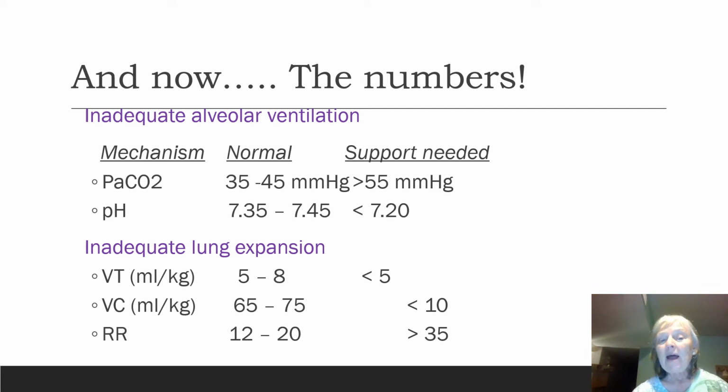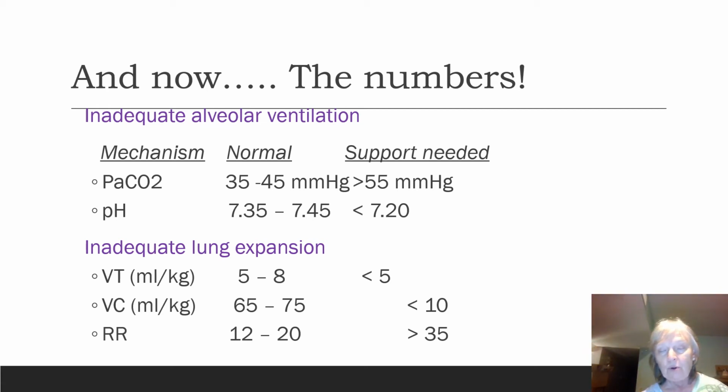For the vital capacity, if you notice, it's also in mLs per kilo, and it's 65 to 75 mLs per kilo. If we take this same patient who is 64.5 kilos and multiply by 65 mLs per kilo and 75 mLs per kilo, we're going to come up with a range of 4.2 to 4.8 liters, okay?